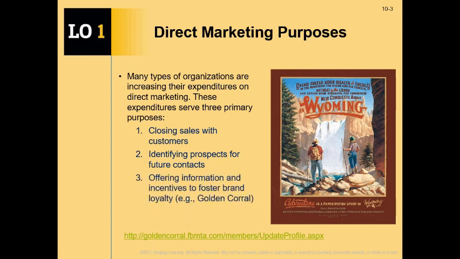Another primary purpose, of course, is to offer information and incentives to foster brand loyalty, to strengthen the loyalty of those customers who already purchased from you, those customers who already tried what you sell, your service, your product.